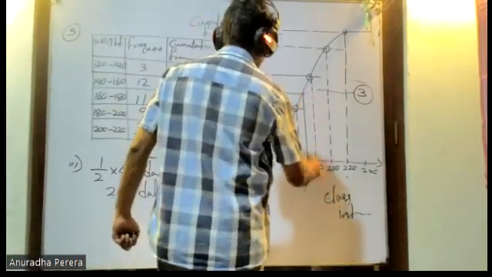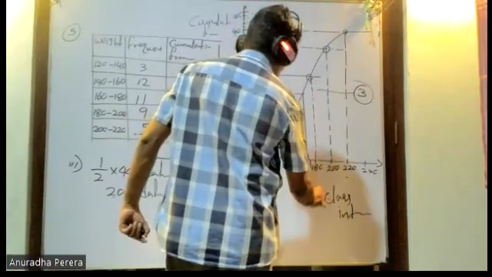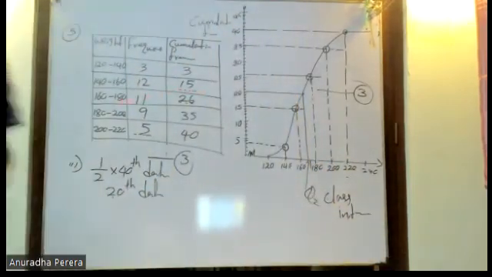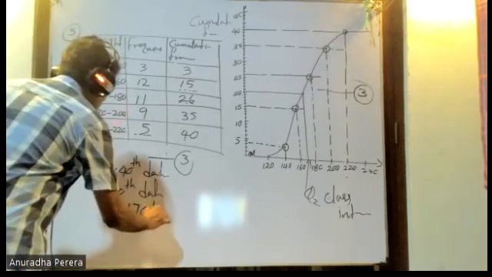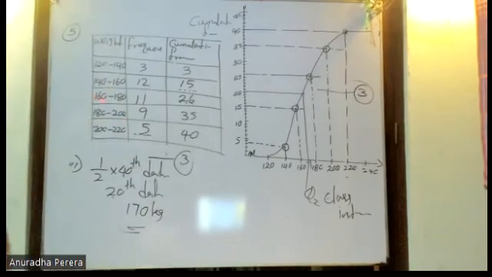This is the median, Q2. Q2 is 170 kilograms. Yours is 170 kilograms. To find this, 2 marks.